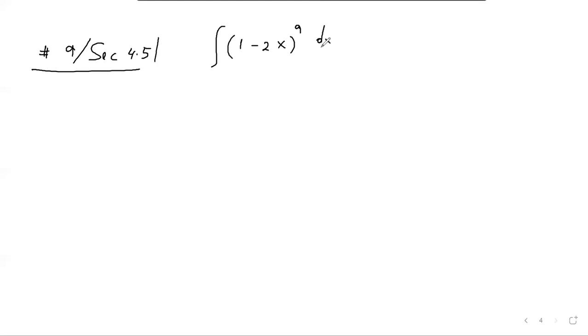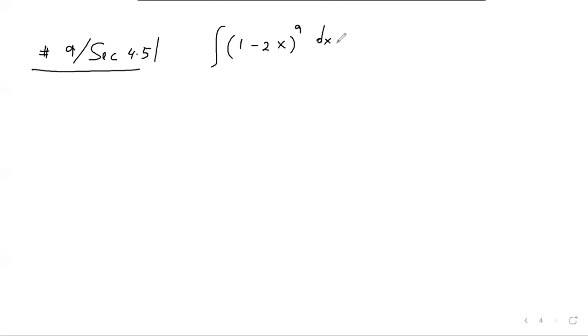All right. So number 9 of section 4.5. Integral of 1 minus 2x to the 9 dx. All right, so this is the antiderivative.